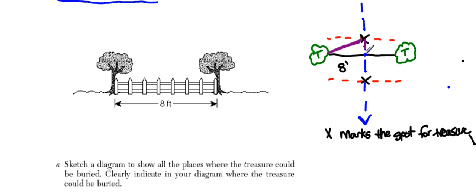Well, if this distance here is 3, and it is because this red dotted line is 3 units away from the fence, and this distance here is 4 feet, and it has to be because the total distance between the 2 trees is 8 feet, and this has got to be equidistant, then I know that the distance from the tree to the treasure has to be 5 feet in order to make a 3, 4, 5 right triangle.